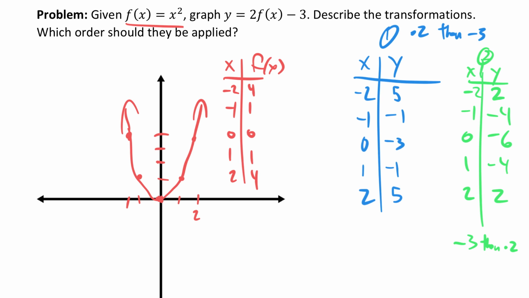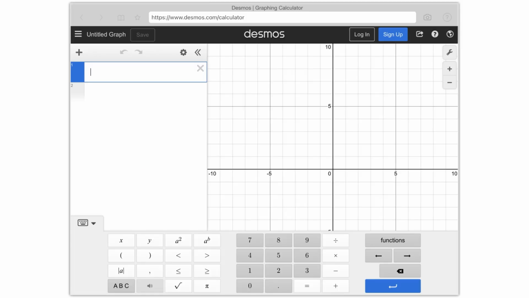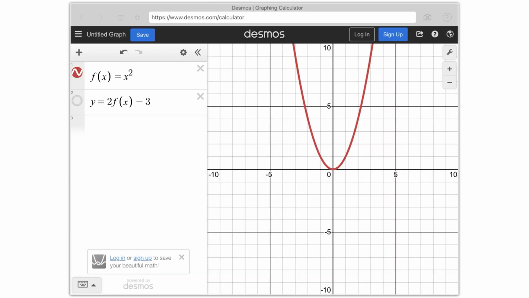It's convention. So let's go on Desmos and we'll type this in and we'll see what Desmos does, because Desmos follows the conventions of mathematics. The people who program Desmos make sure that they follow the typical rules that mathematicians have all decided on in agreement. And so let's see what it looks like on Desmos. All right, so here we have the graph of x squared. And we're going to type in y equals 2f of x minus 3.